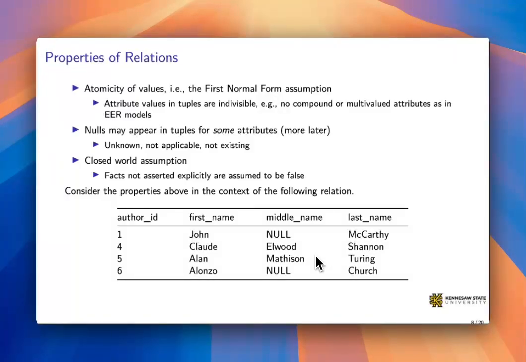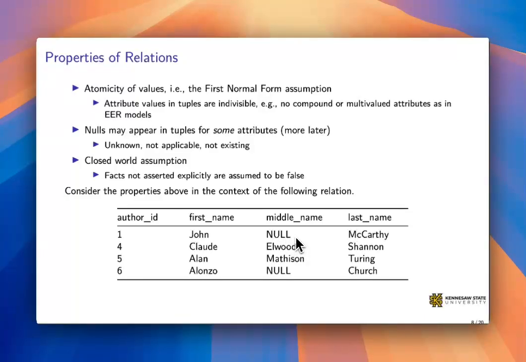You can have nulls for some tuples for some attributes, not all attributes. We'll see that later. And if we look at this example here, we've added middle name to our author table. And if we look at the first tuple, notice that we don't have a middle name for John McCarthy. It's just null.